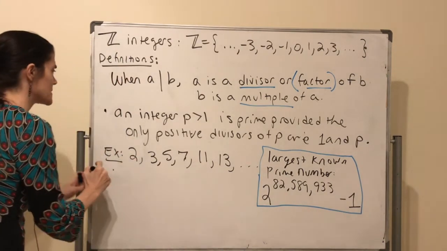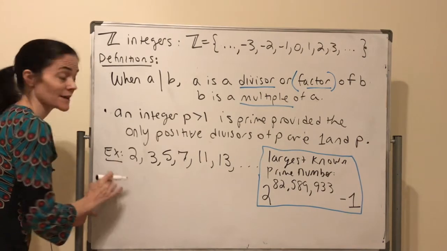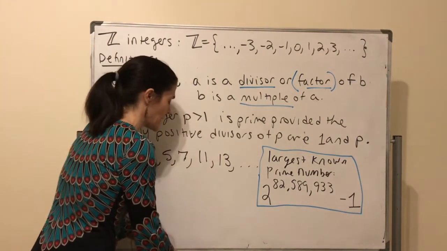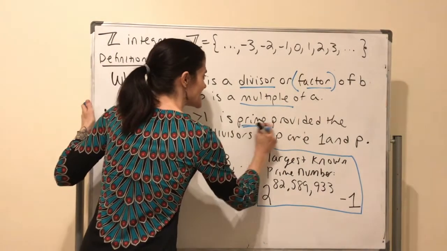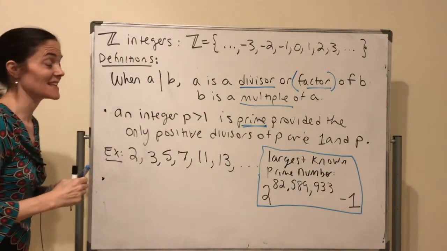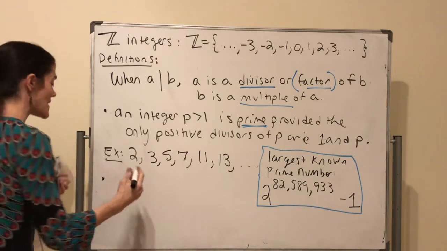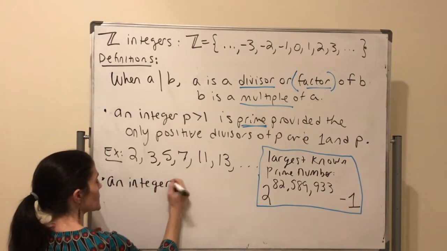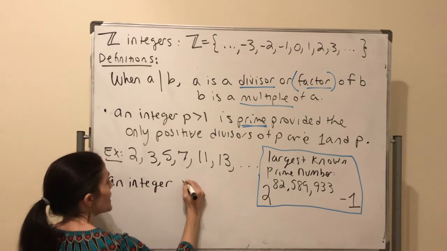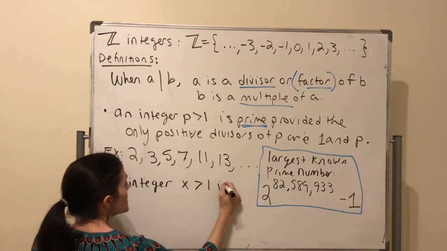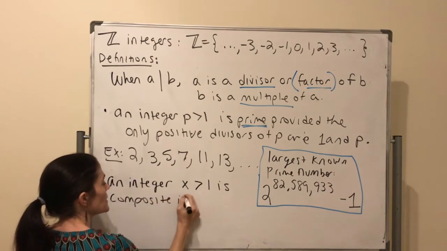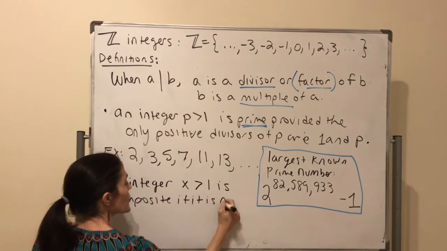One more thing to mention, a final definition regarding integers: I talked about prime, and the other one I will mention is composite. So an integer, let's say x bigger than 1, is composite if it is not prime.